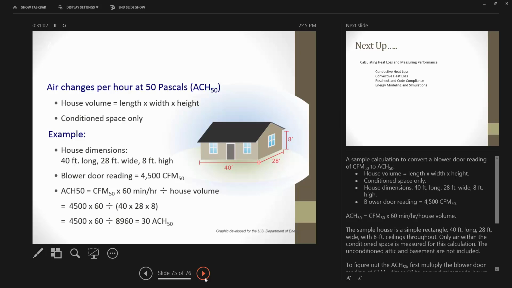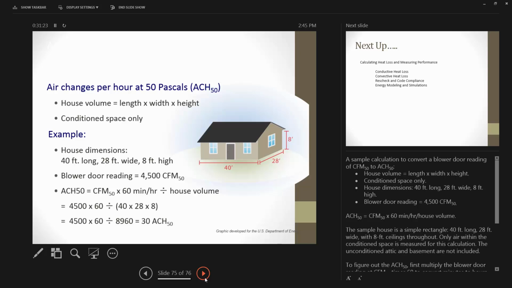So converting back, this is a simple exercise, and this is part of what we'll do once we get into ResCheck next week and we start playing with that and do our heat load calculations. These are some of the things that you'll have to do on a simple scale like this.